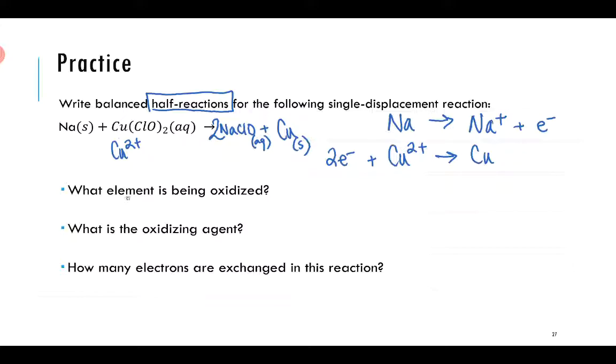And so what element is being oxidized? Well, our sodium is being oxidized. What is the oxidizing agent? So we have to remember what oxidizing agents are. Oxidizing agents cause oxidation of something else.